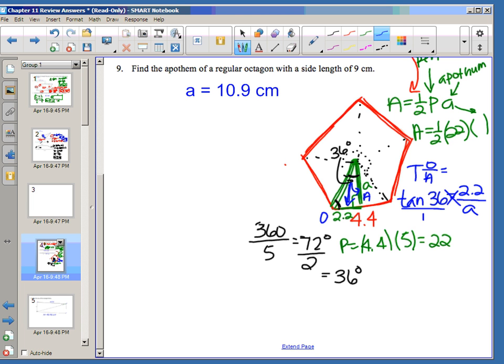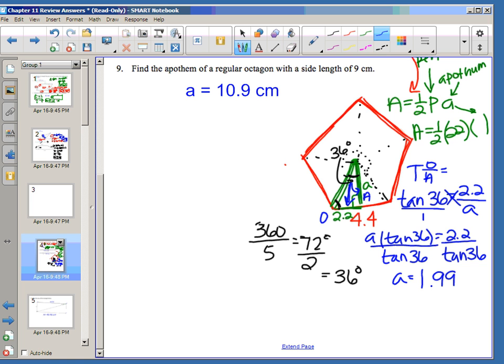And when I cross multiply, I get a times tan of 36 equals 2.2. Divide by tan of 36. And I get a is equal to, I believe you get 1.99.